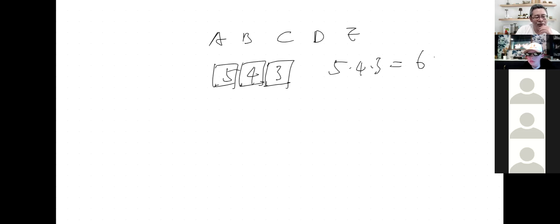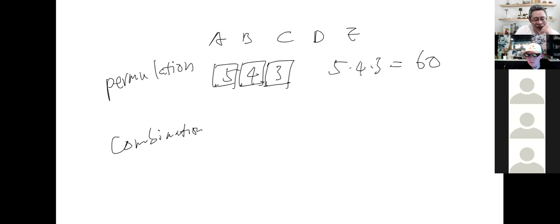Now, if we only do combinations, not permutations, how many can we have? Well, if you do the combination, we have A, B, C, that is 1. And we just find something different.